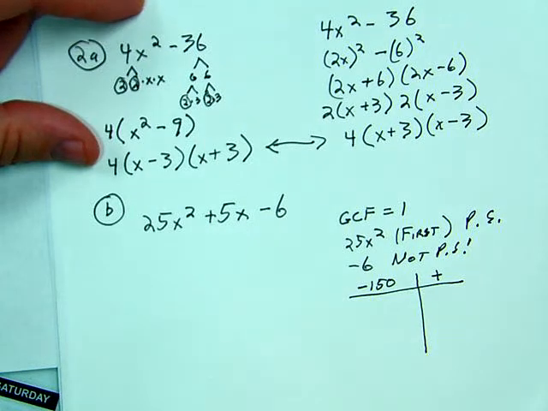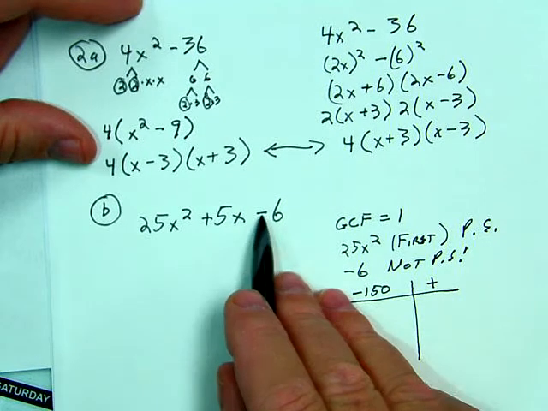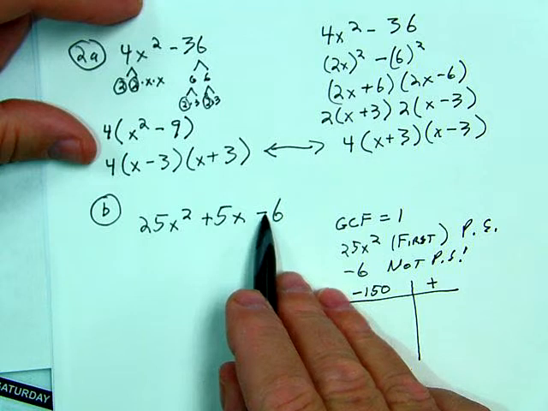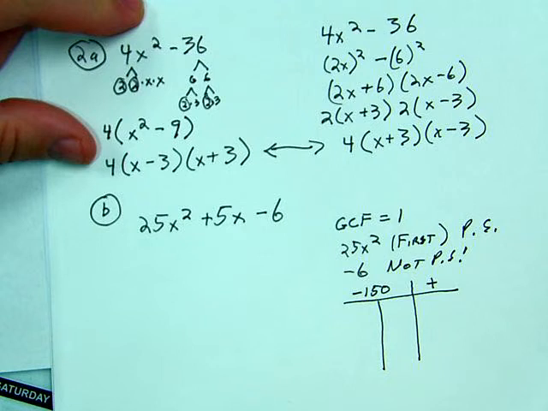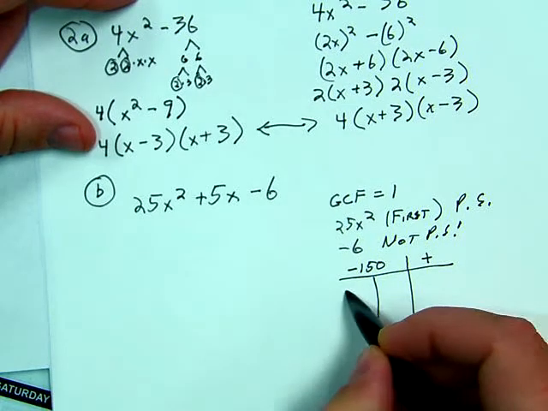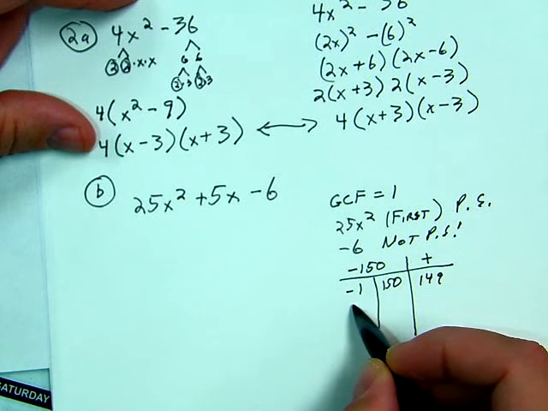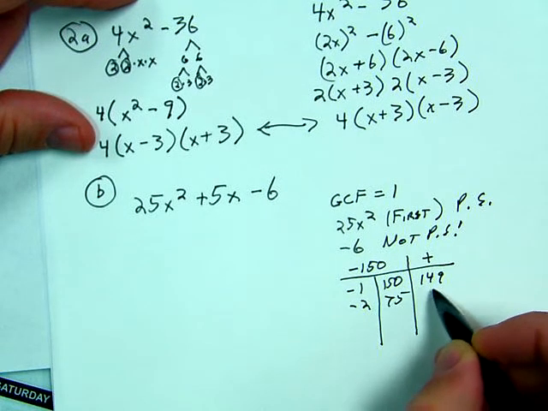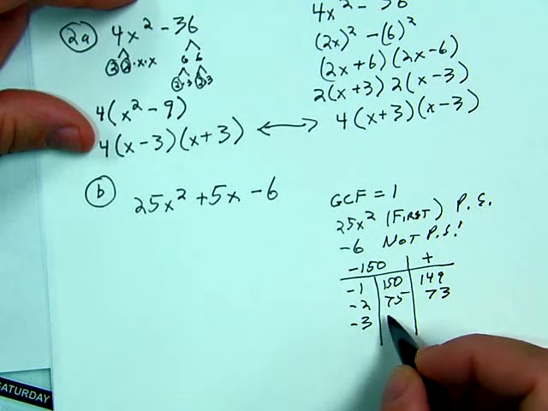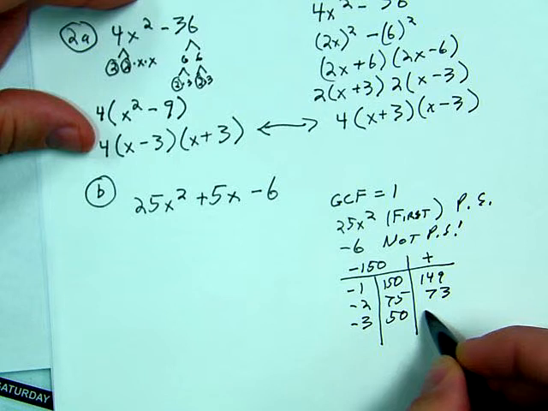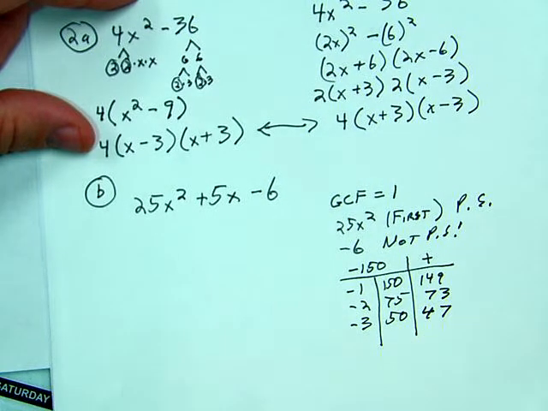Okay, and since this is a negative number here, then I need to have a positive and a negative in my two numbers. And so I'm going to start with negative 1 and 150. Obviously not right. How about negative 2 and 75? 73, that's not right. Let's try negative 3 and 50. That's 47. You can see we're coming closer to 5, but we've got a ways to go yet.